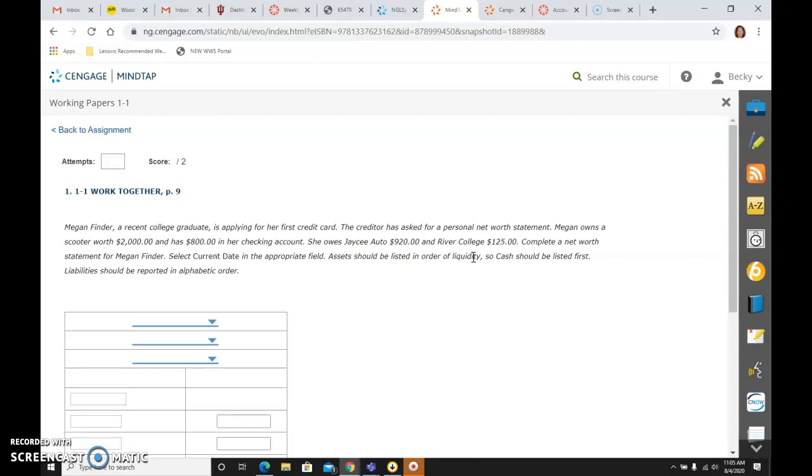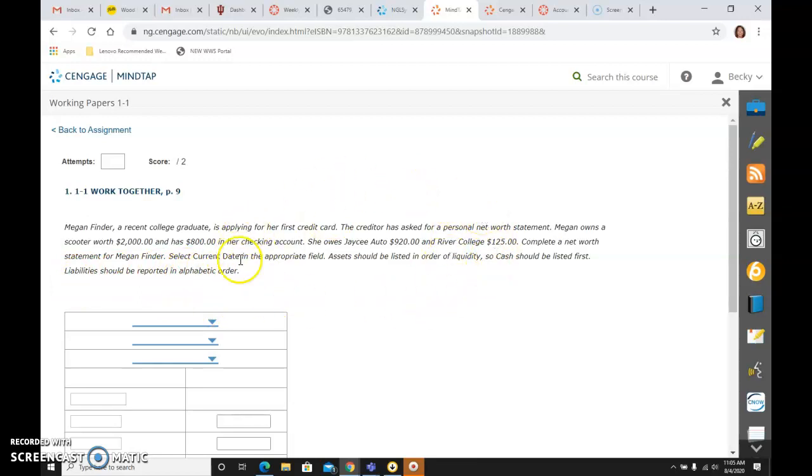But how quickly can I convert a scooter versus a computer versus land? We would put them in order of liquidity. The most liquid, easily converted to cash, would go first. And then liabilities should be reported in alphabetical order.